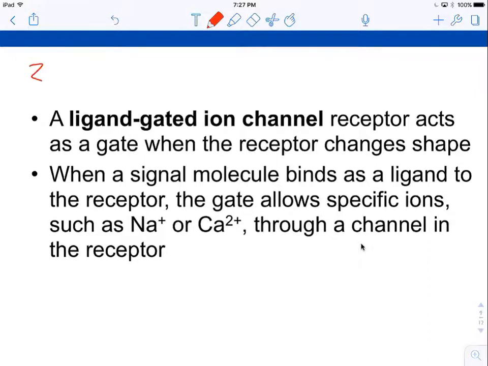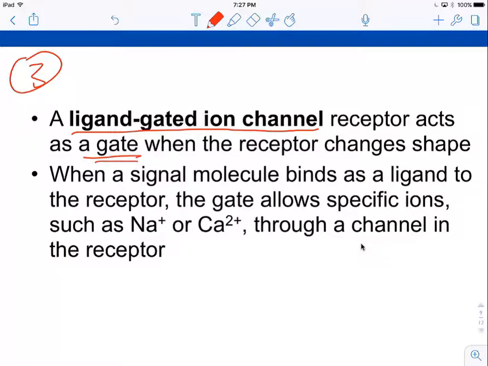The third type of receptor we're going to talk about is a ligand-gated ion channel. A ligand-gated ion channel receptor acts like a gate when the receptor changes shape.